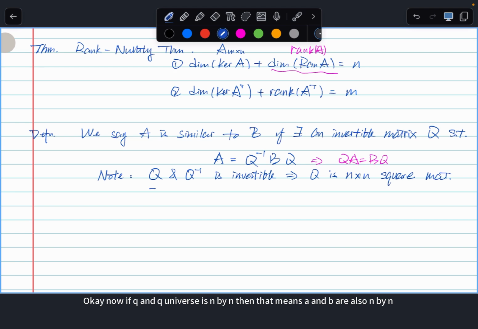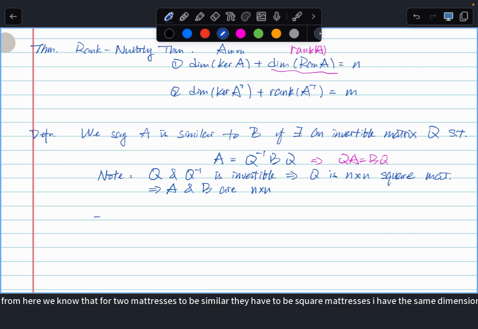Now if Q and Q inverse are n by n, then that means A and B are also n by n, because Q needs to multiply by B, so B has to have n rows, and the other side is also n, so B needs to have n columns, and then the result is n by n, so A is also n by n.